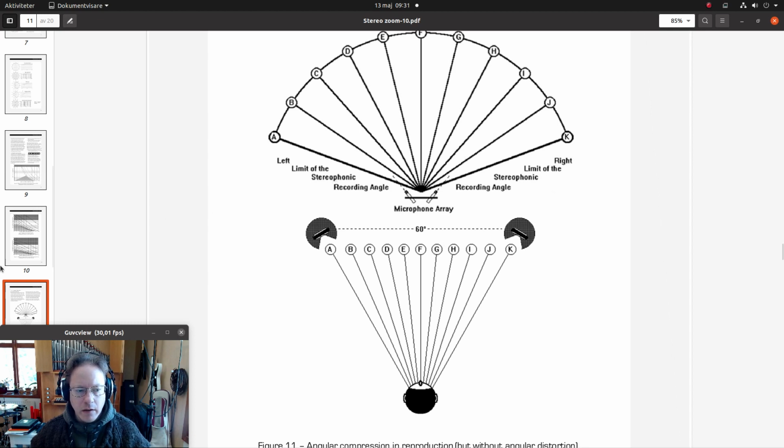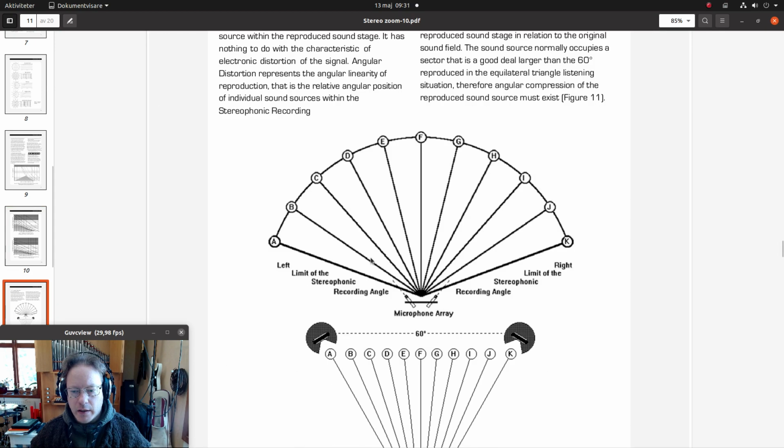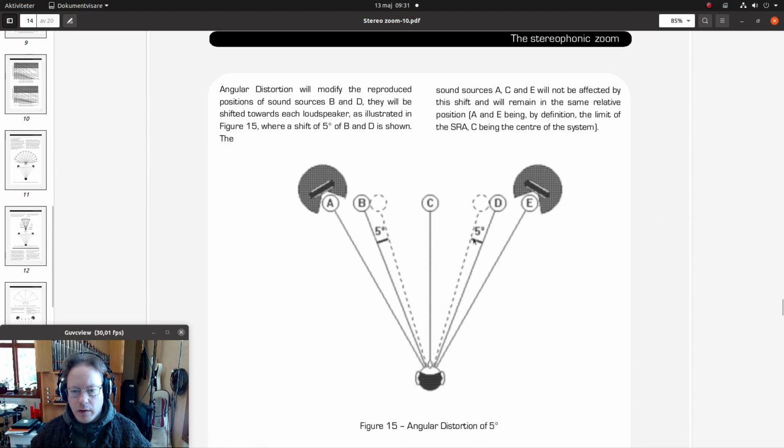So that is why this can help quite a bit to avoid having distortions where, if you go very much off the optimal placement, you will have situations like here, that you have recorded something, but when you're listening to it, it will seem that they are displaced from where you expect the sound source to be.